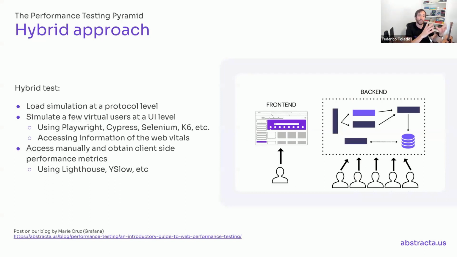So you also have the metrics of the client side, right? And the response times of the whole user flow, even considering the client side. So this hybrid approach could be a way of running your end-to-end test simulations in a better way in order to have metrics from the backend and from the frontend as well.